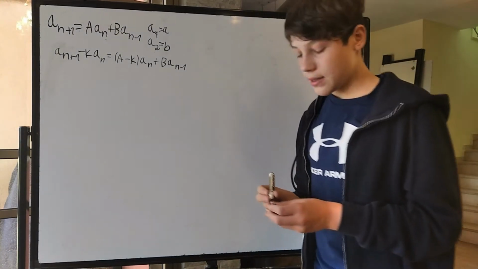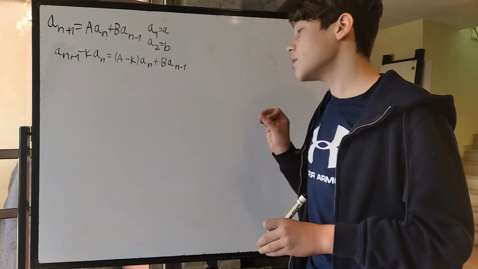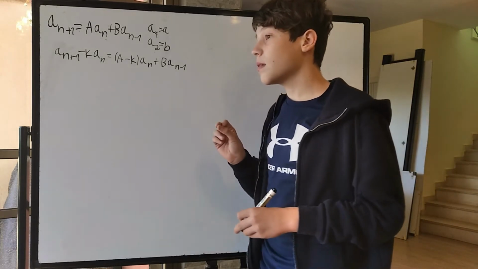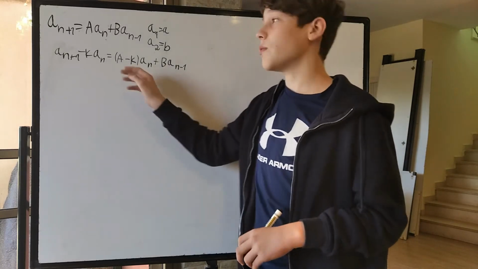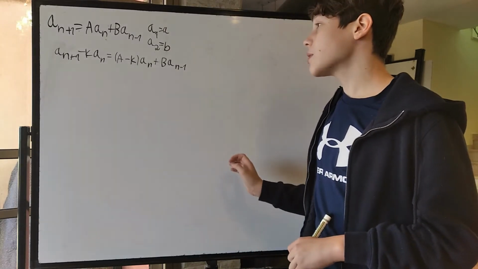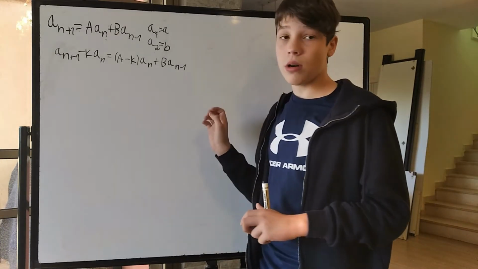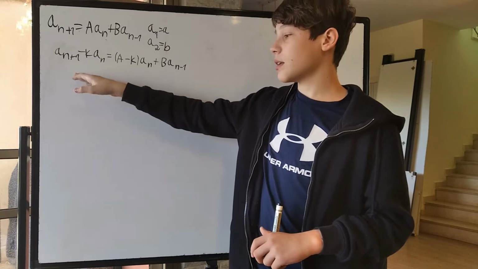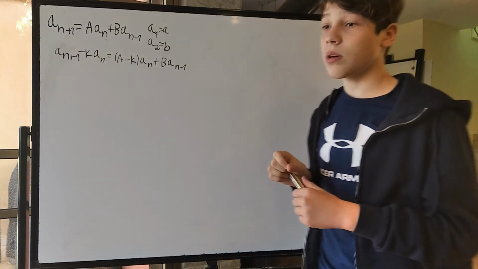What I want to do is to make it so I can take, say, A minus k out of this sum, and I'll be left with a(n) minus k a(n-1). Just like this, basically, but instead of n, I have n minus 1.